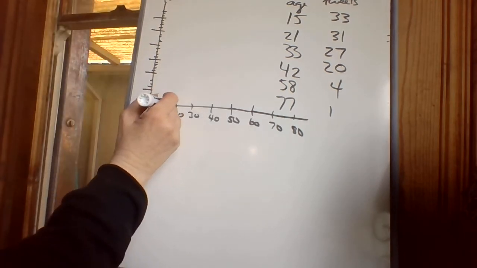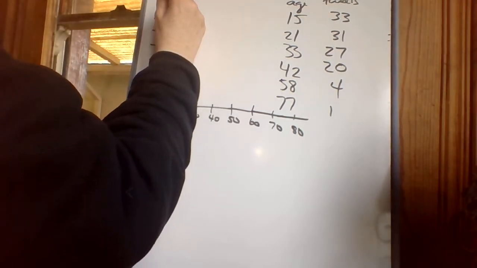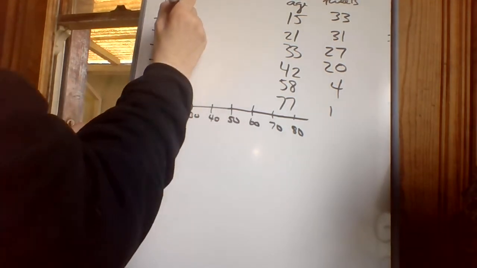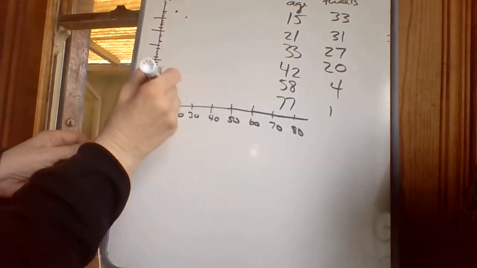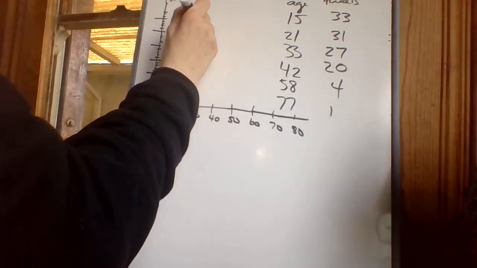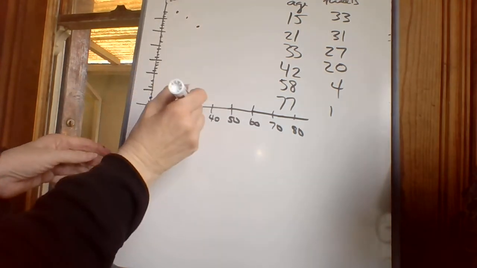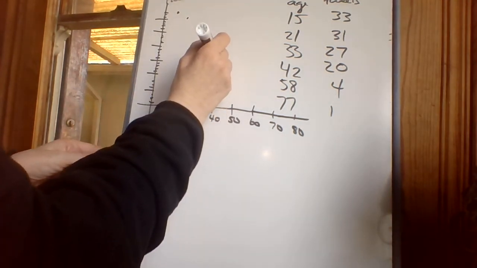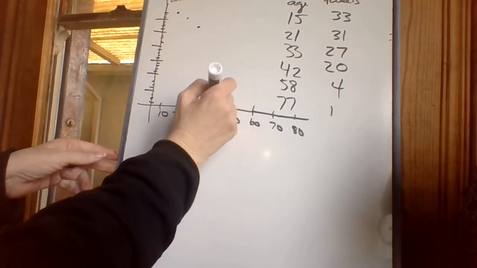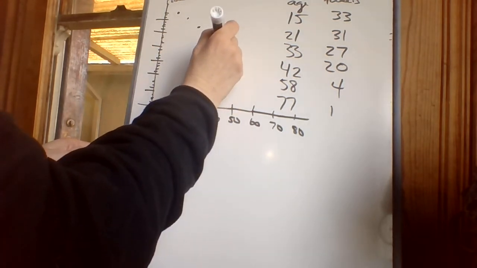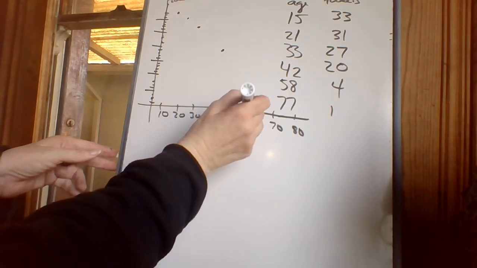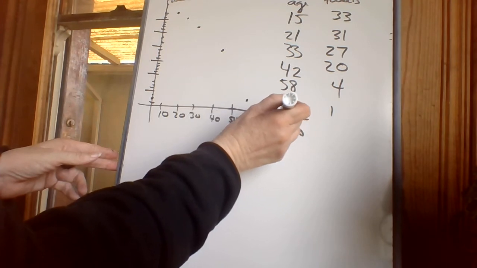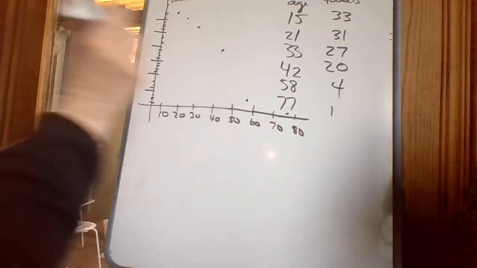The 15-year-old, 33 tweets. 21-year-old, 31 tweets. 33-year-old, 27. 42-year-old, 20. 58-year-old, 4. 77-year-old, 1.